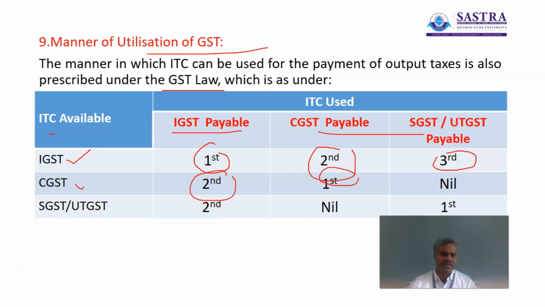You cannot use any surplus amount available here against CGST. For CGST, you first use CGST, then IGST, not SGST. This is the manner of utilization.